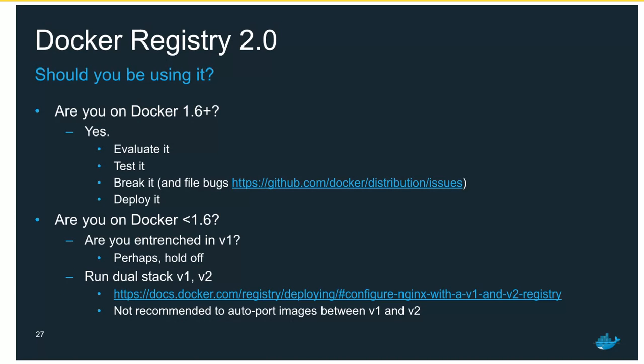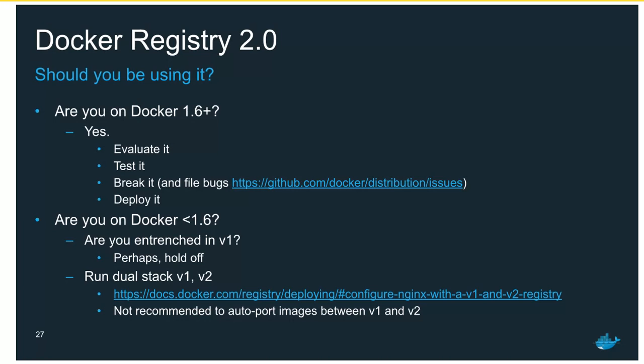So the question you may be asking is, should you be using the registry currently, or the 2.0 registry rather? If you're on Docker 1.6 plus, or you're just considering deploying Docker into your data center or cloud or what have you, you should absolutely be considering the use of the V2 registry.